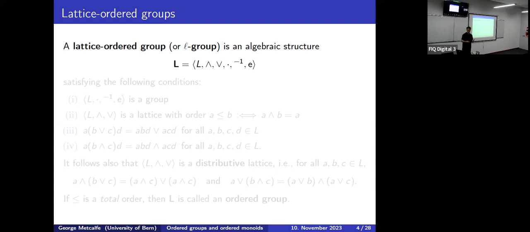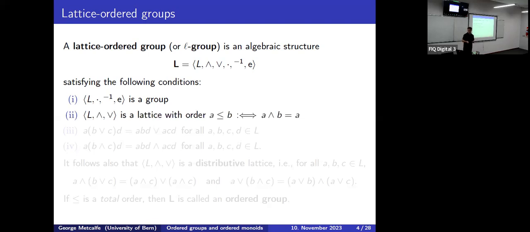So in this case, we have binary operations, the meet, the join, the product, a unary operation, which is the inverse, and a constant e. Well, we need a group, right? So if we just take the product, the inverse, and the e, this is a group in the usual sense. If we take the set L with the meet and join operations, we get a lattice.